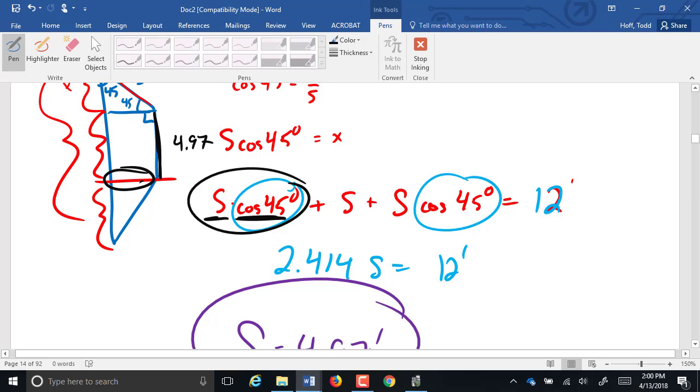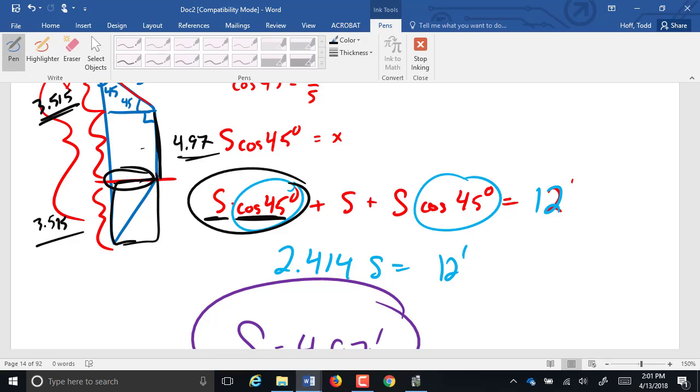This ends up being 3.5 basically over here. These end up being 3.515, if I remember right. So yes, it would be 3.515 by 3.515, and then 3.515 by 4.97. Probably a little bit easier than that way, right? But then I don't get to use my fancy polygon formula.